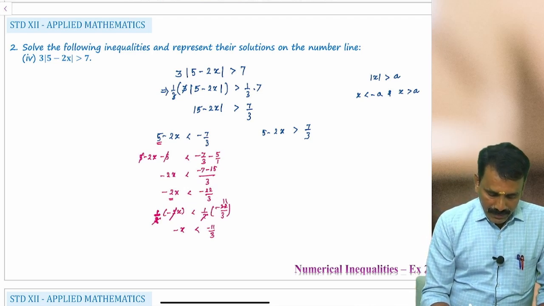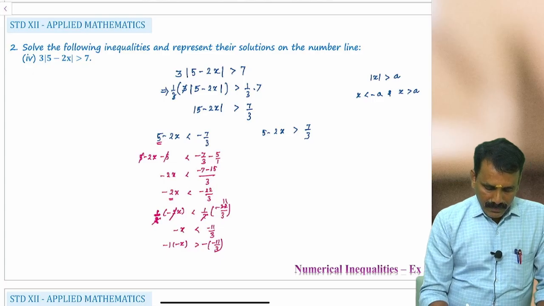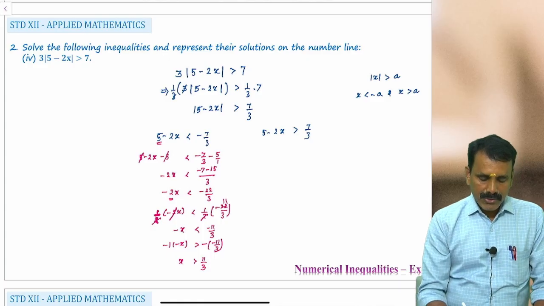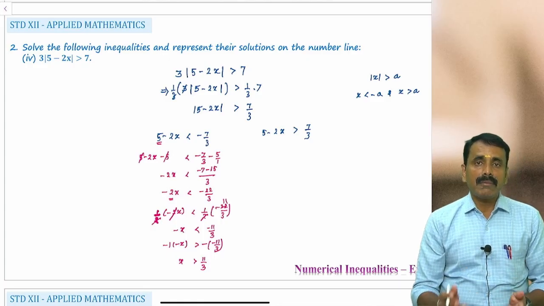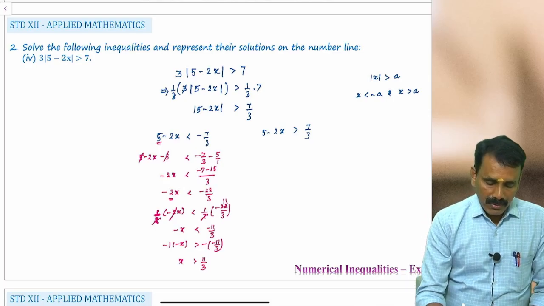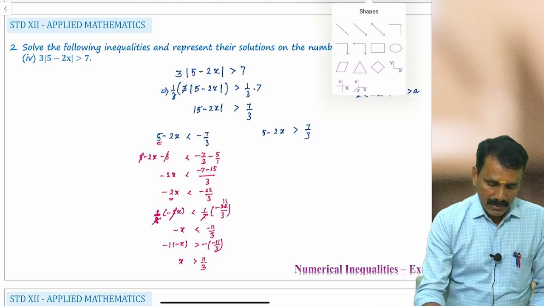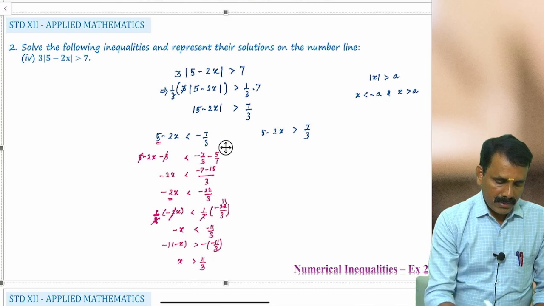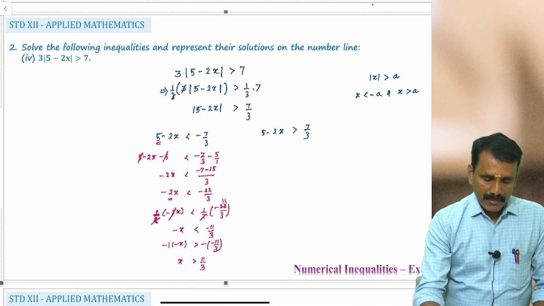Whenever we multiply by minus, the inequality gets reversed. So, minus of minus 11 by 3, minus times minus is plus. So, x greater than 11 by 3. So, this part gives a solution. Any number which is greater than 11 by 3 is a solution for the inequality. Now, we try to solve the second part.